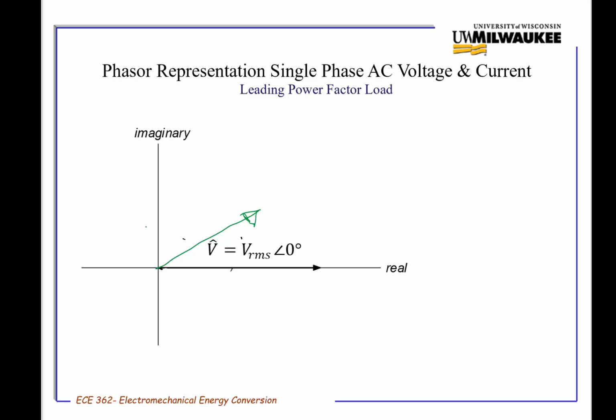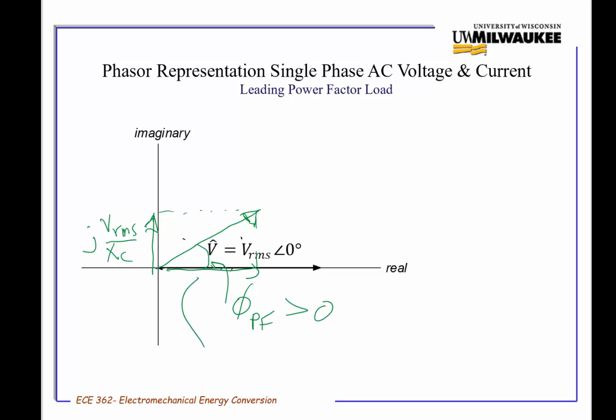So for the leading power factor case, if we want to look at the phasor diagram, the current phasor is in this quadrant because we have a positive j. This is j V RMS over XC. The power factor angle here is greater than 0. It's a positive value.